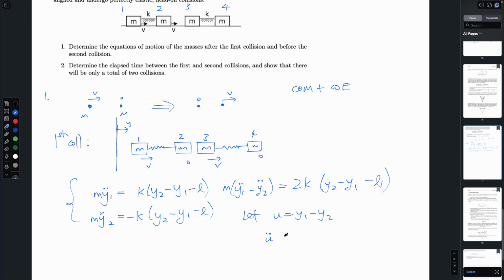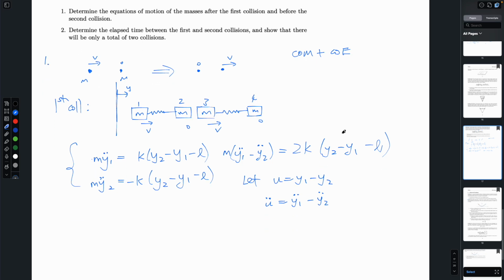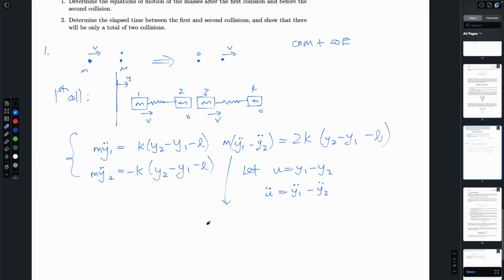And then if you define a variable, let u be y1 minus y2, then we note that u double dot is equal to y1 double dot minus y2 double dot. And this is just m u double dot is equal to 2k negative u minus L. Wait, sorry, we can just absorb this into our substitution. Wait, I wrote something wrong.